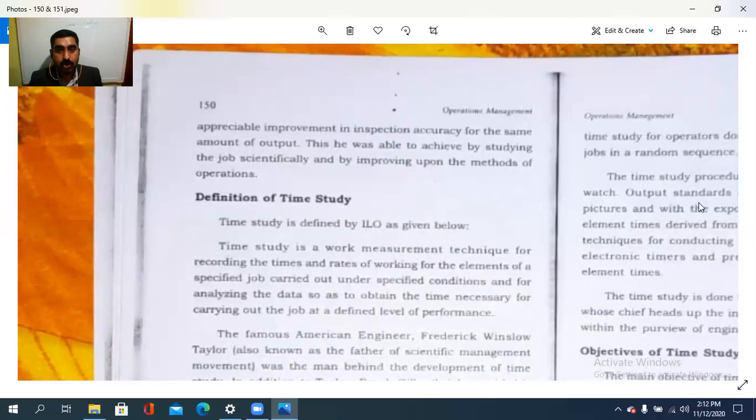Therefore, he was able to achieve this by studying the job scientifically and by improving upon the methods of operation. Therefore, this is the time study proposed by Taylor.